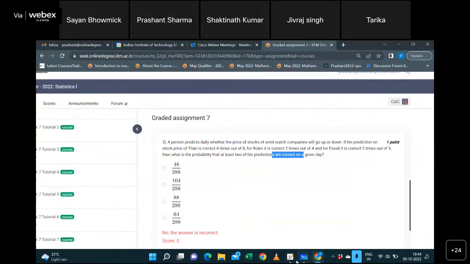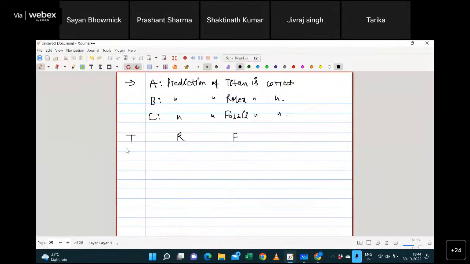At least two means greater than or equal to 2. Suppose for Titan prediction is correct, for Rolex correct, for Fossil it's not. For Titan it's correct, for Rolex it's not, for Fossil correct. For Titan wrong, for Rolex correct, for Fossil correct, and the last case can be all are correct. So we have to add all these four possibilities.